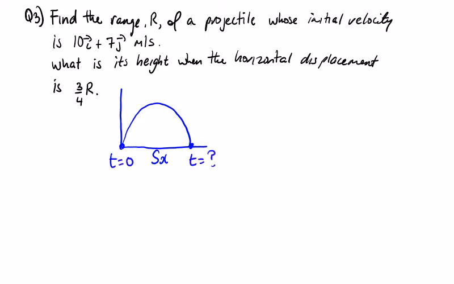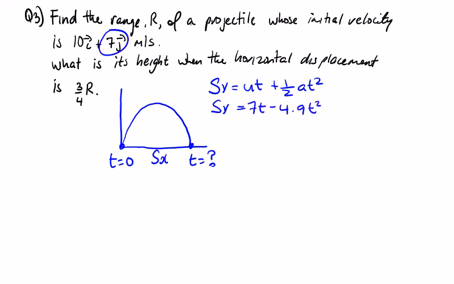So let's try and find the time taken. s in y is equal to ut plus a half at squared. So s in y is equal to the initial u, 7t, minus the half a, which is 4.9t squared. That has to be equal to 0.